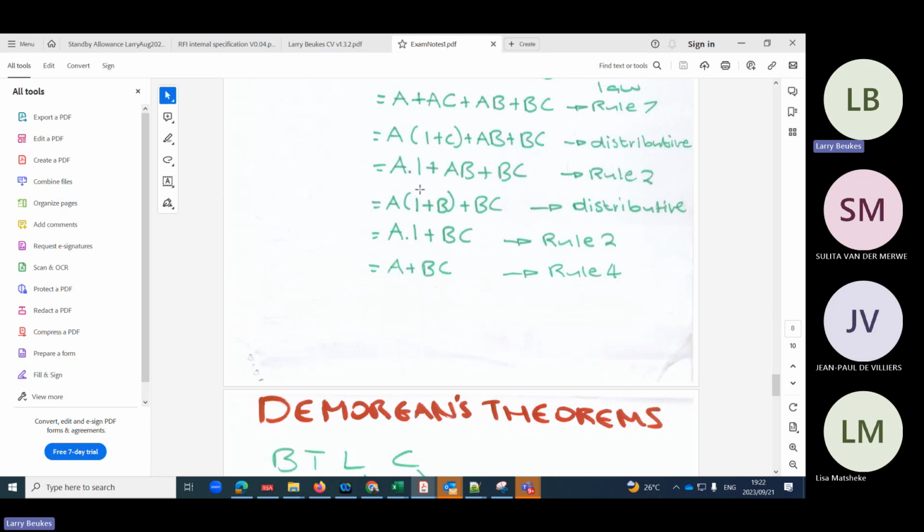Then we took out the common factor, which is A. Then this was 1 plus B, so we have A(1 plus B). This is the distributive law. Then we know 1 plus B is still just 1.